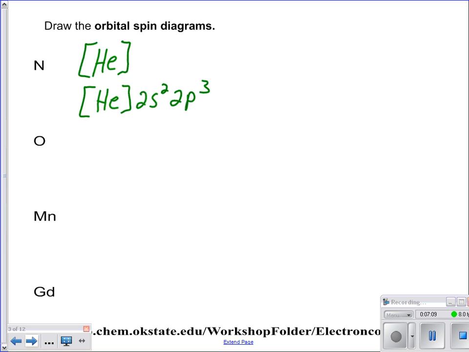So I look at my 2s. I know for my s's, I'm going to draw 1 box. For my 2p, my p's, I draw 3 boxes. What I have just shown is all of the orbitals for both of those sublevels, for my s and my p. Now I can go through and illustrate the electrons within those orbitals.